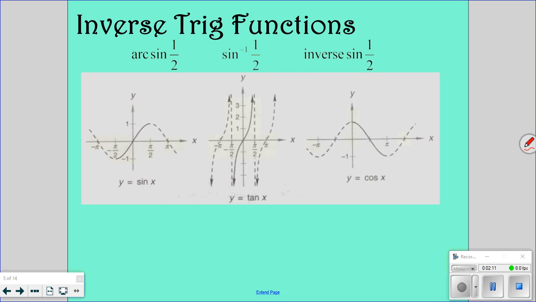Do you remember your graphs for sine, cosine, and tangent from last year? Your domain for sine is from negative pi over 2 to pi over 2. And for tangent, it's also negative pi over 2 to pi over 2. But for cosine, it's from 0 to pi. So I'm going to write that out for you.